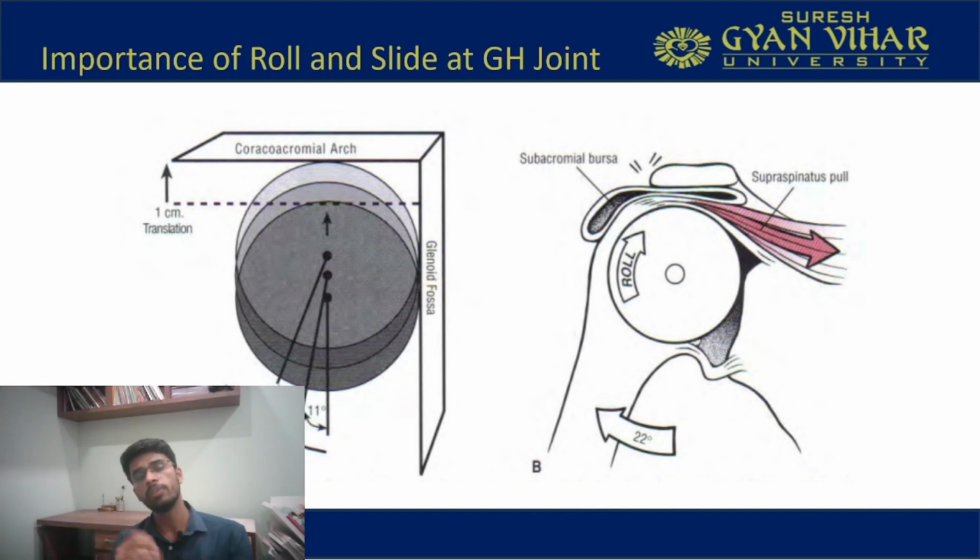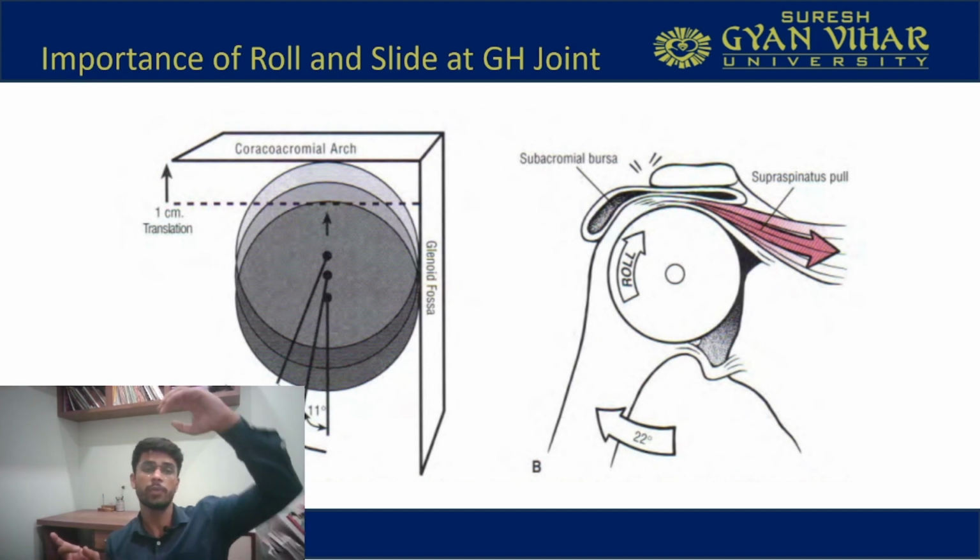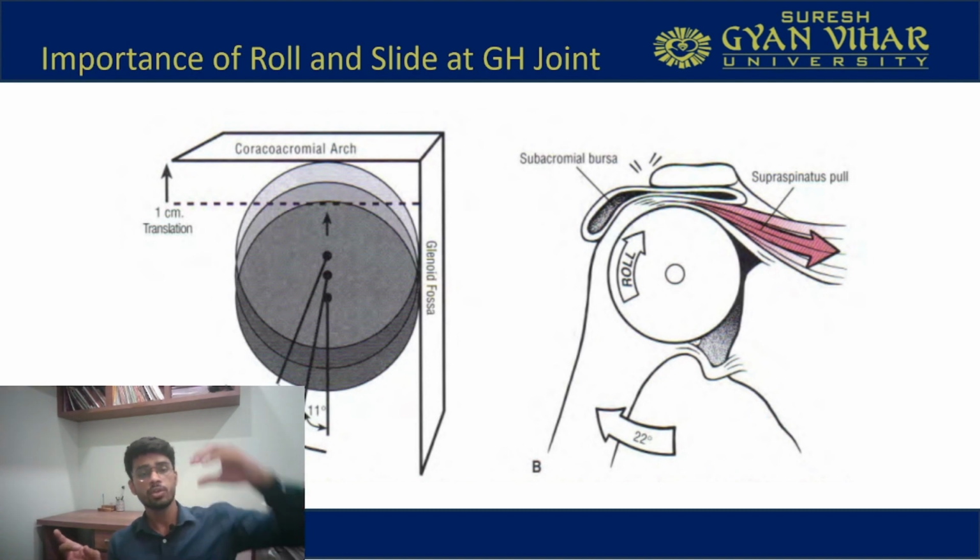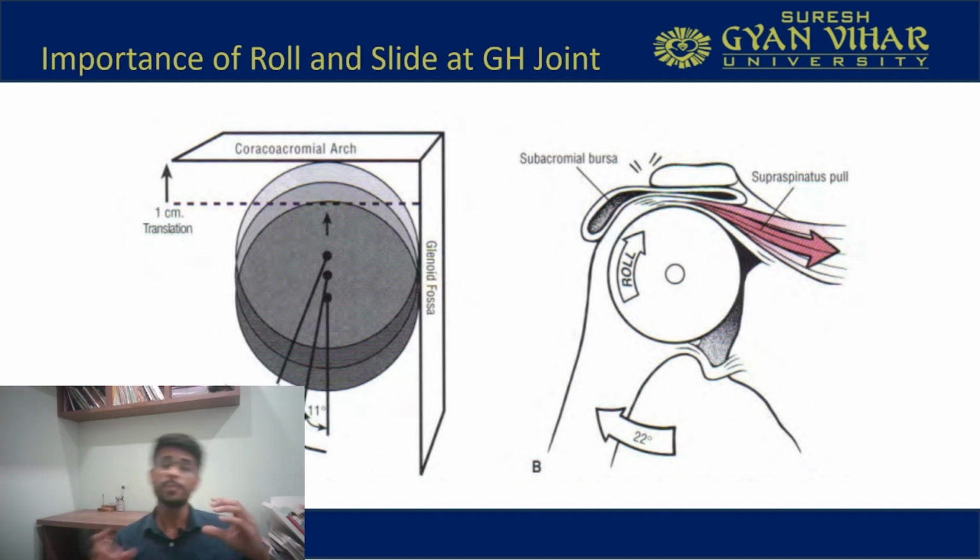What is the need of this sliding? If sliding is not there, then your head of humerus will roll in the upward direction in a greater way. There will be translation of the head of humerus in the upward direction, which will affect the roof formed by the acromion process and coracoacromial arch. Your head of humerus and your acromion will get impinged, causing impingement of the tissues present beneath them.